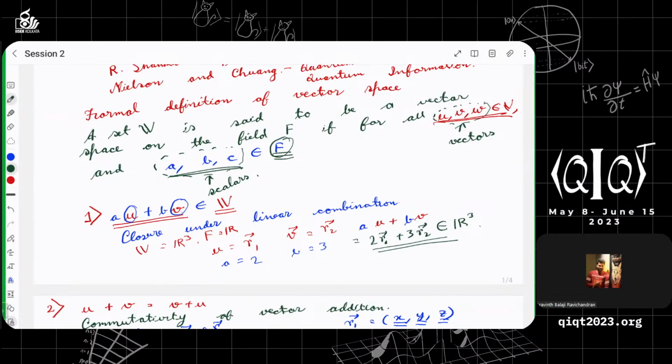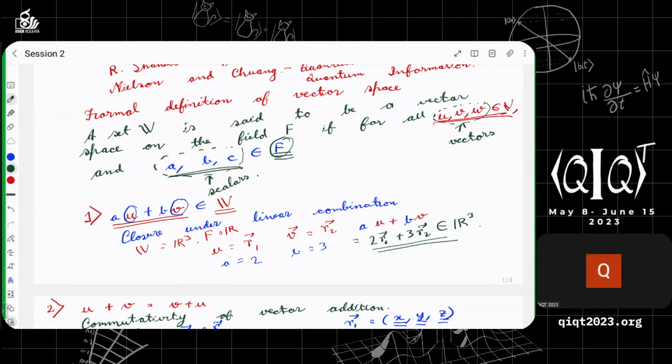But in principle, can't you have a condition where a times u can take your vector out of the space, and then adding b times v will bring it back again to the space? So shouldn't we have an elementary condition before this, that u plus v, the unscaled sum, should belong to the space?